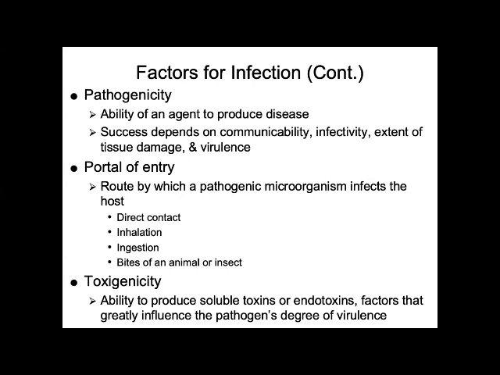The port of entry is important, right? In order to be infected, the pathogen has to come in the right way, okay? It can be through direct contact, it can be inhaled, ingested, and it can be through the bite of an animal or an insect, okay? But if the pathogen comes in the wrong portal, then it's not going to make you sick, right? For instance, if you get, I don't know, RSV, respiratory syncytial virus, on your skin, you're not going to have RSV infection, right?